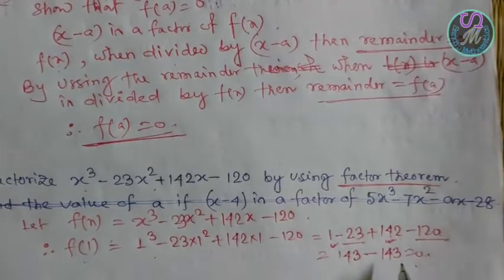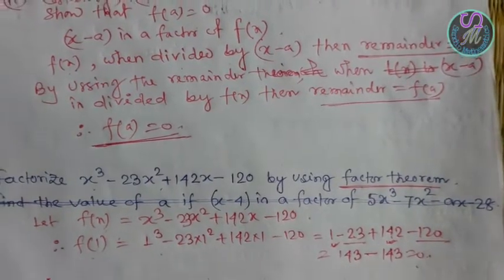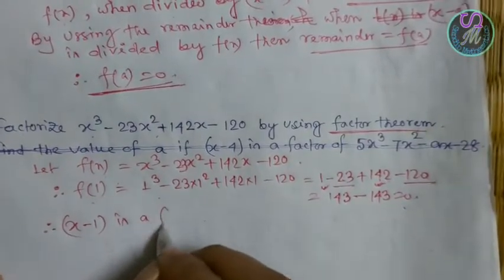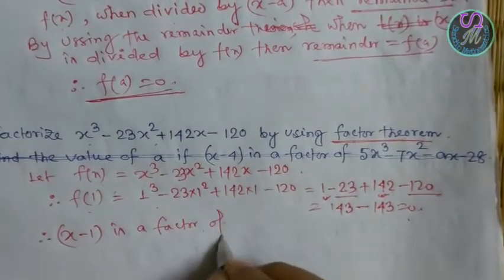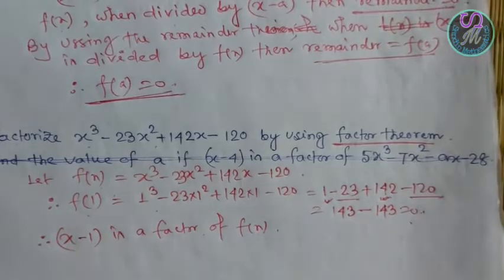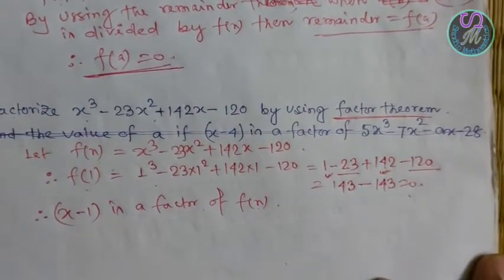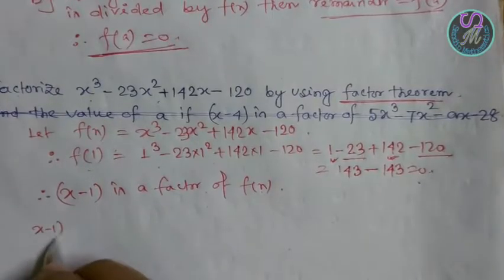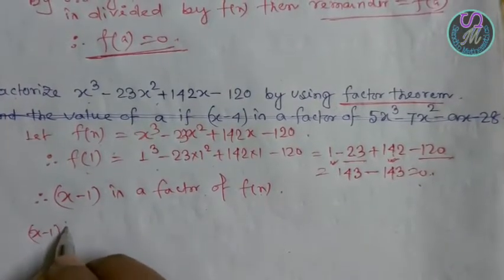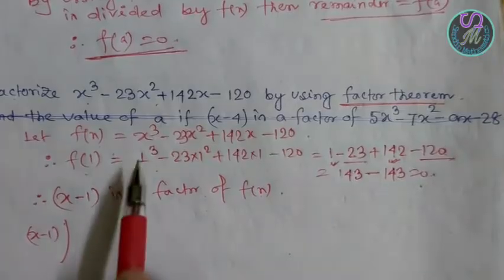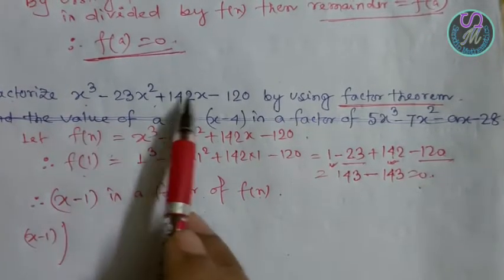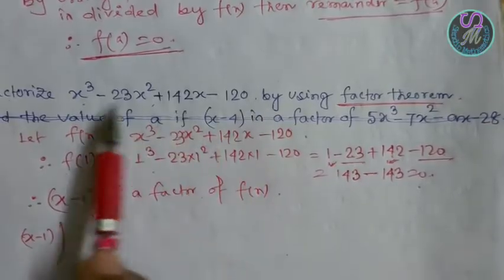So by using the factor theorem we can say that x minus 1 is a factor of f(x). Then by using long division we can find the other factor. So this is x minus 1, and this function is given in decreasing order of powers 3, 2, 1, then 0.